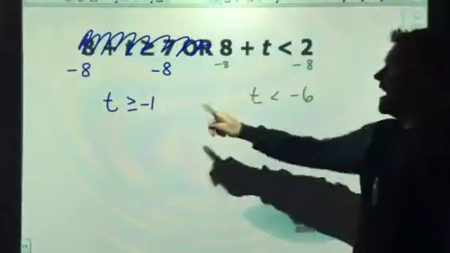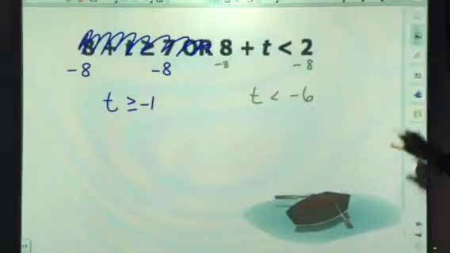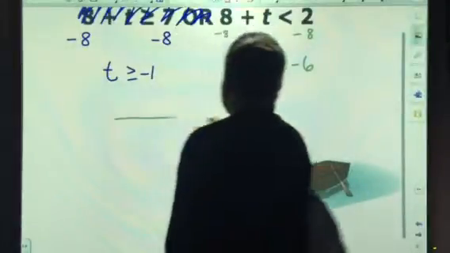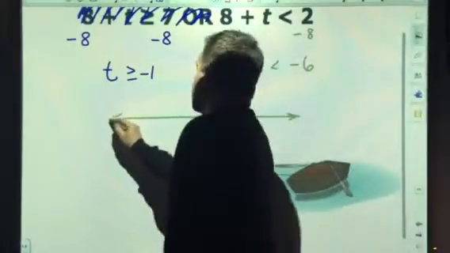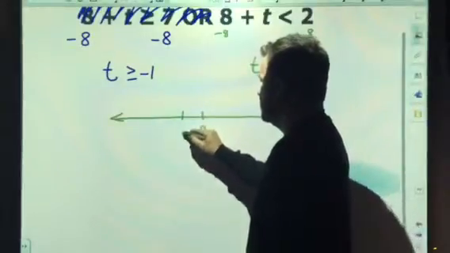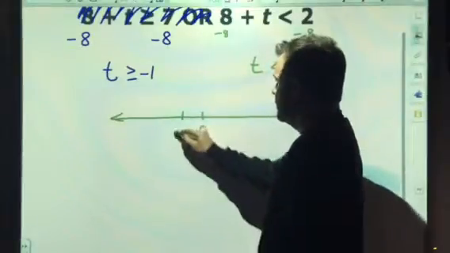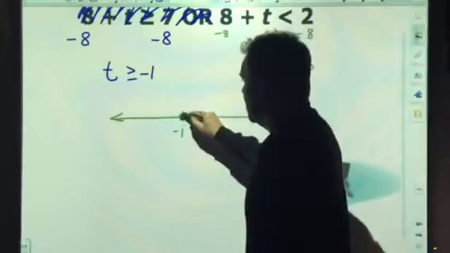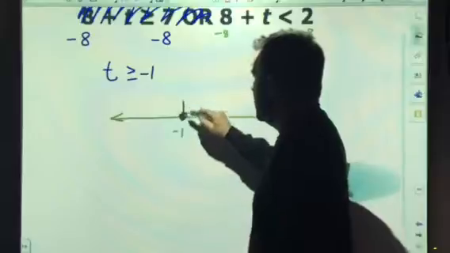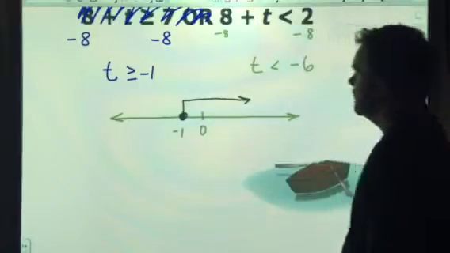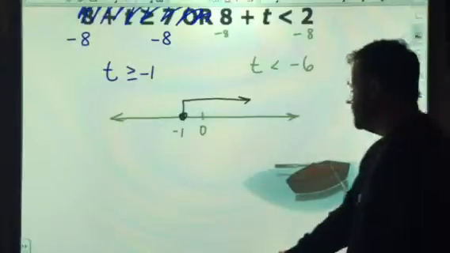Okay, we're going to graph these two things, and then you'll see the graph that I just drew a second ago. Here I have my number line. Here's my 0. -1 is here. I need a closed circle. My arrow is going to go to the right. Let's graph the -6 here.